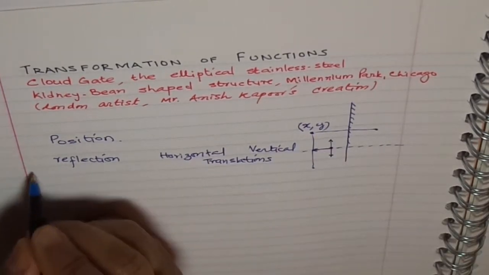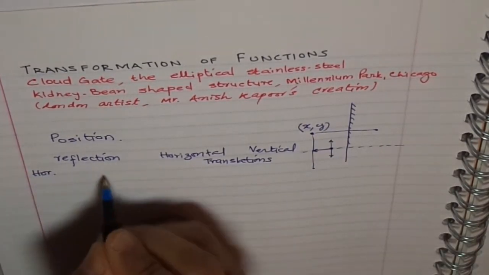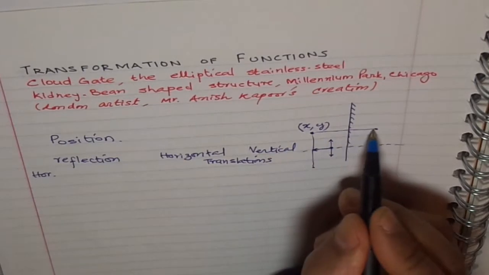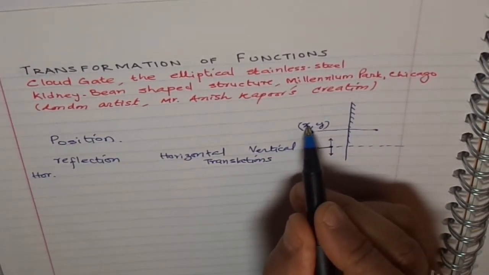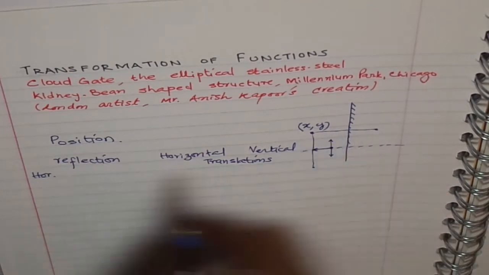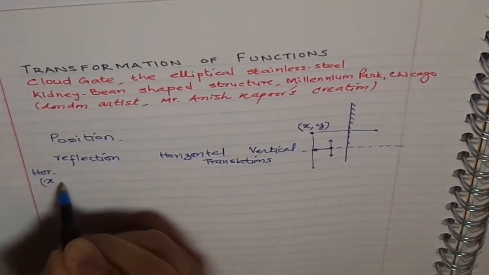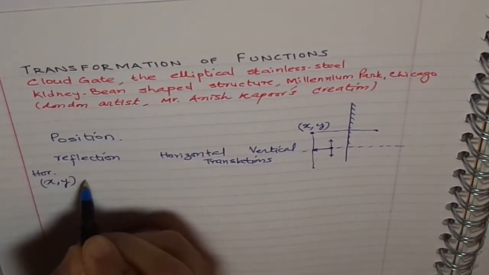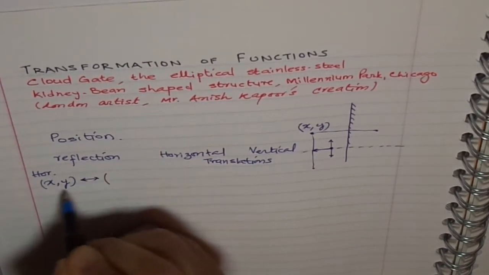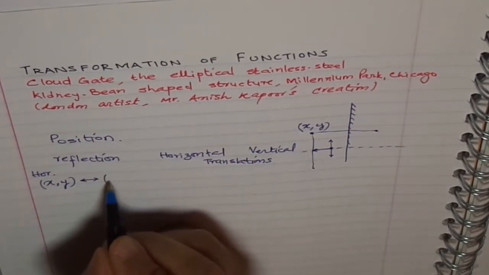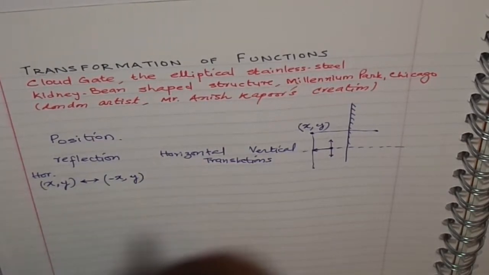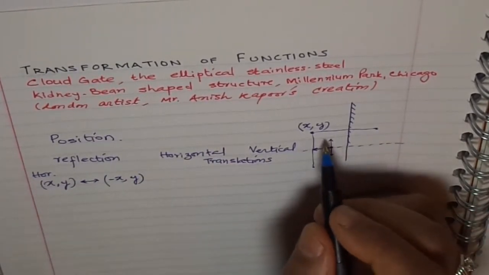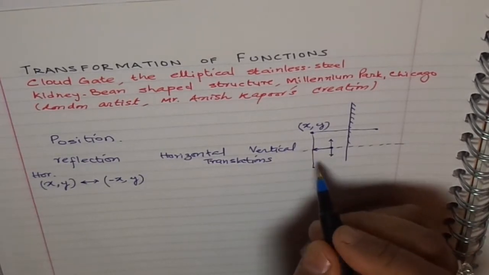And if reflection is horizontal, in that case, what happens? The y value remains the same, but the x value changes. Correct? So the x value changes to negative. Whatever it was, it becomes negative of that, and the y value remains the same.